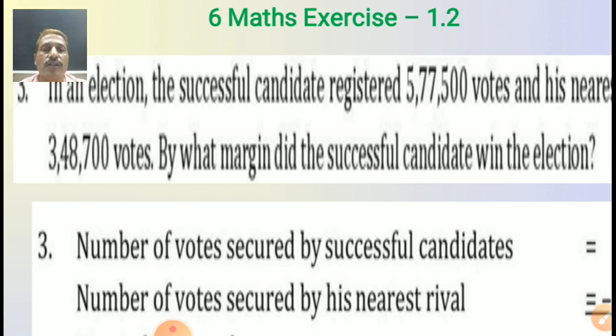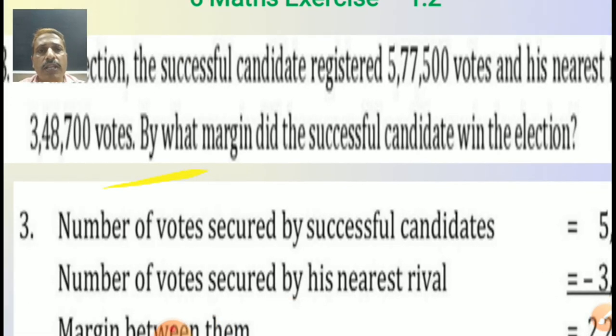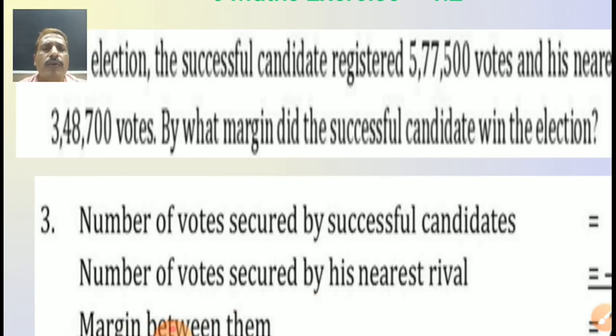Just now we had an election, and a number of candidates were there, and after the result was declared, they said this many votes were got by this candidate and this many votes by that candidate. And his nearest rival secured, rival means उसका नजदीक वाला, student, 3,48,700 votes. By what margin did the successful candidate win the election?